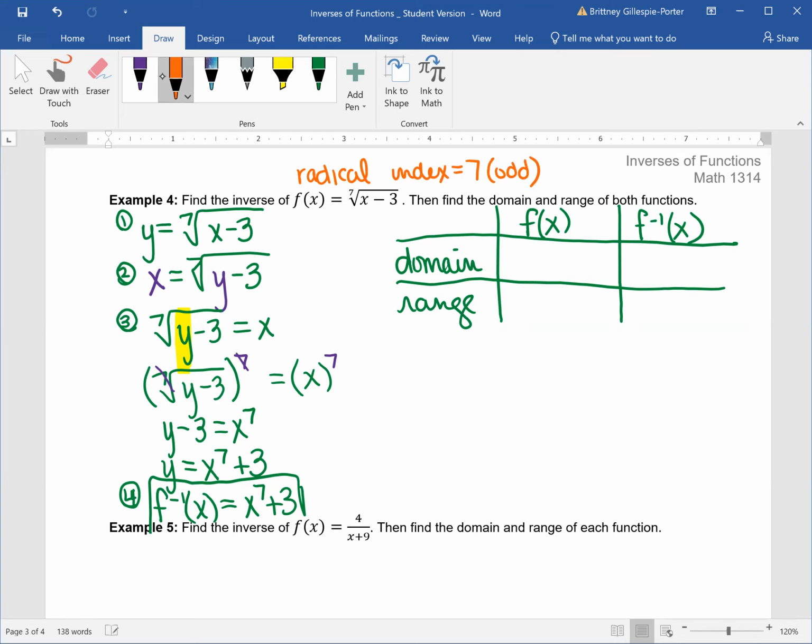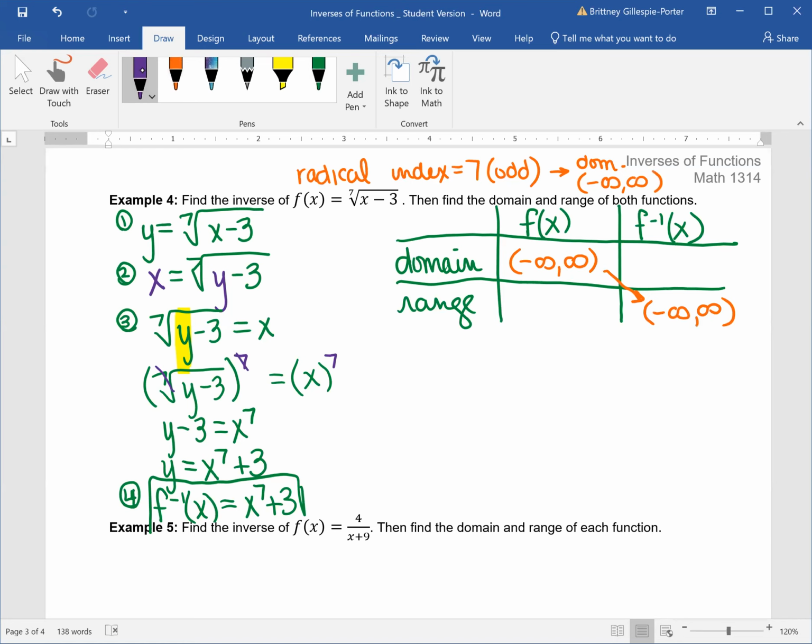And because it has an odd index, the domain is going to be negative infinity to positive infinity. And if we found the domain of the original, that means that we found the range of the inverse.